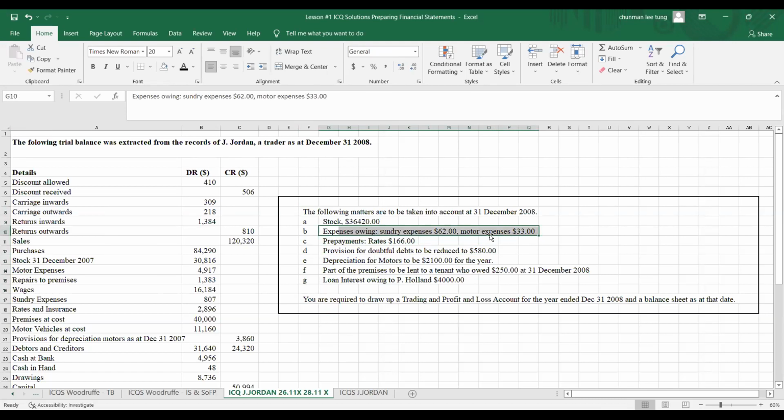And we said owing, also called accruals. Whenever we are preparing the statements, we have to add all accruals, all expenses owing. Just always remember that. Accrued expenses, you need to add to the expense that is in the trial balance. So motor expense is 49.17 in the trial balance. The amount owing is 33.